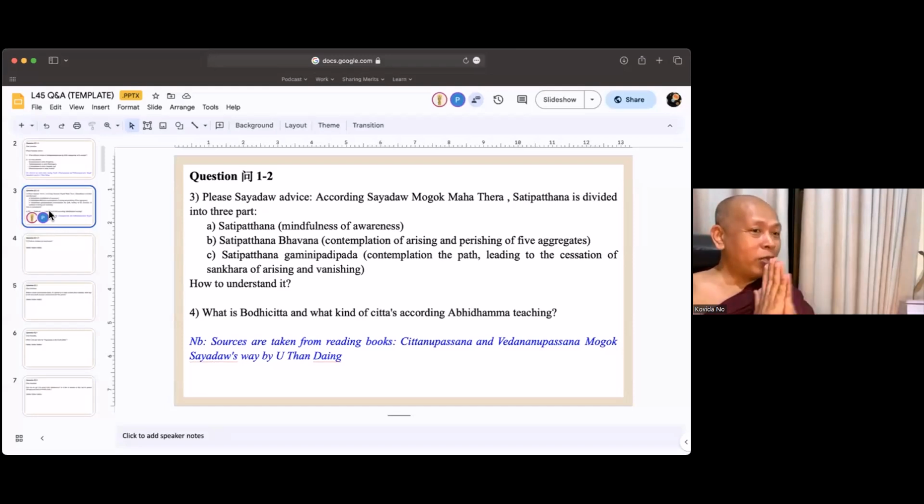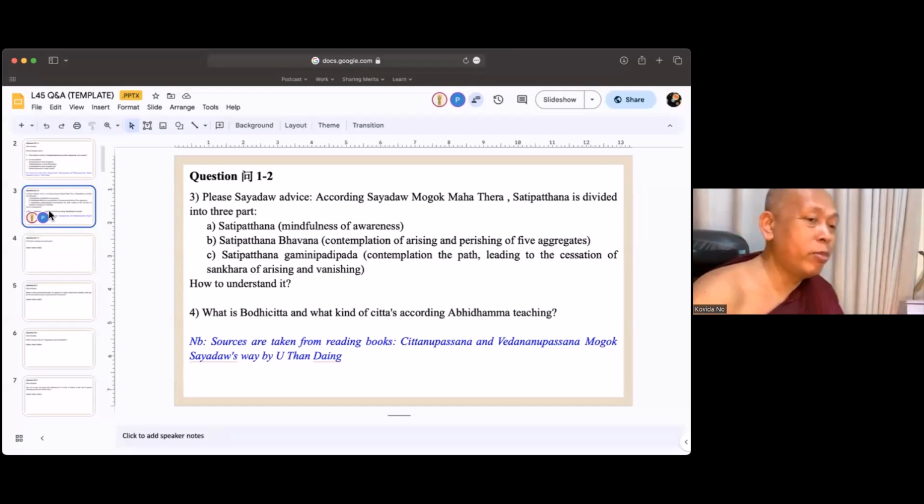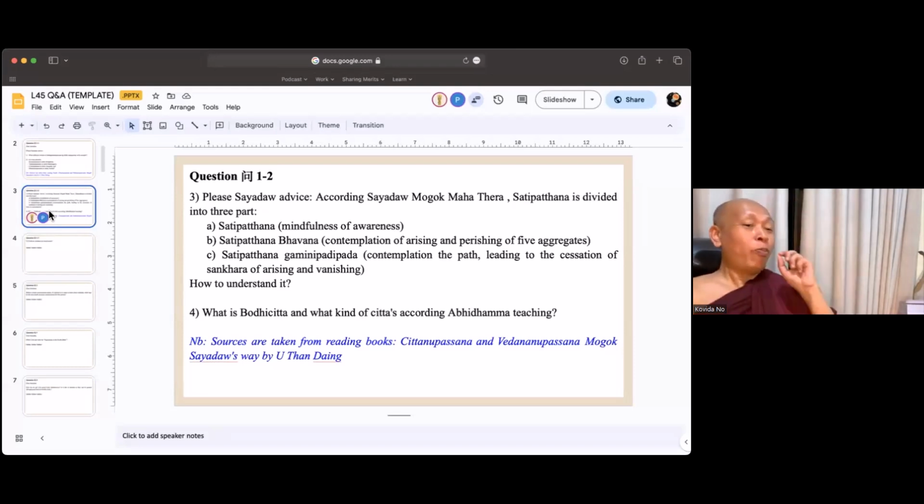Question 4. What is bodhicitta and what kind of cittas are there according to Abhidhamma teaching? Bodhicitta. Actually, maybe around the year 2004 or 2005, there was much controversy about that teacher's booklets and teaching. One Myanmar scholar pointed out maybe about 300 mistakes.